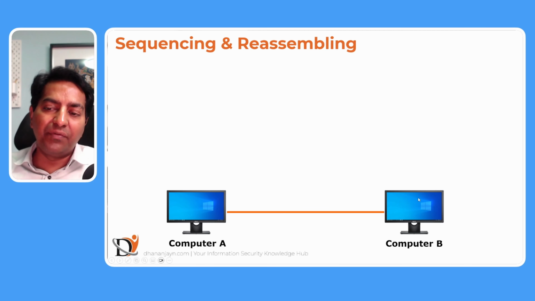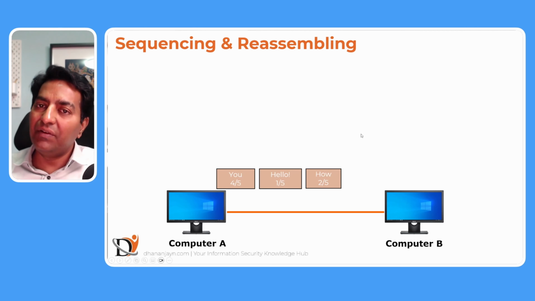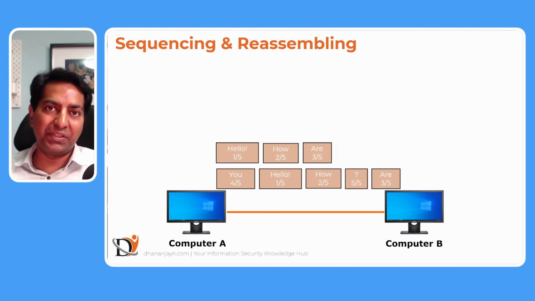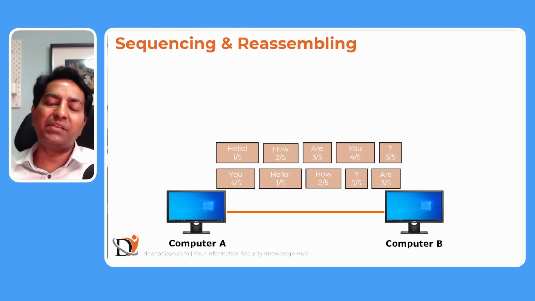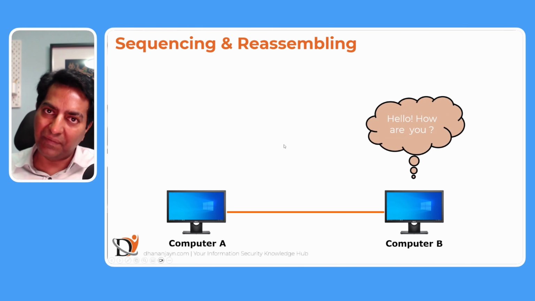Now you have the data received by computer B. It will first receive all those segments and then it will reassemble them in proper sequence. Now the data is sequenced and it will be displayed in the correct fashion.